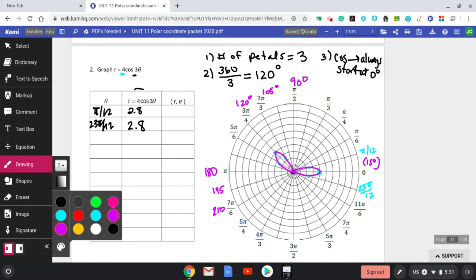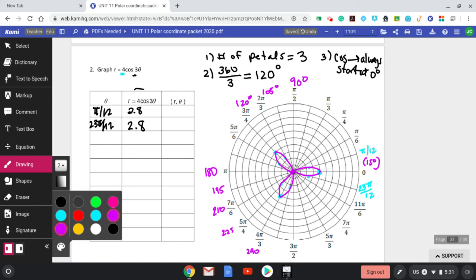Another 15 degrees would be 225, and then we finally get to 240 down here. Okay, so I'm going to go 4 units out here. 1, 2, 3, 4. 2.8 to the left, 2.8 to the right, and our final petal is now graphed. All right, looks beautiful.